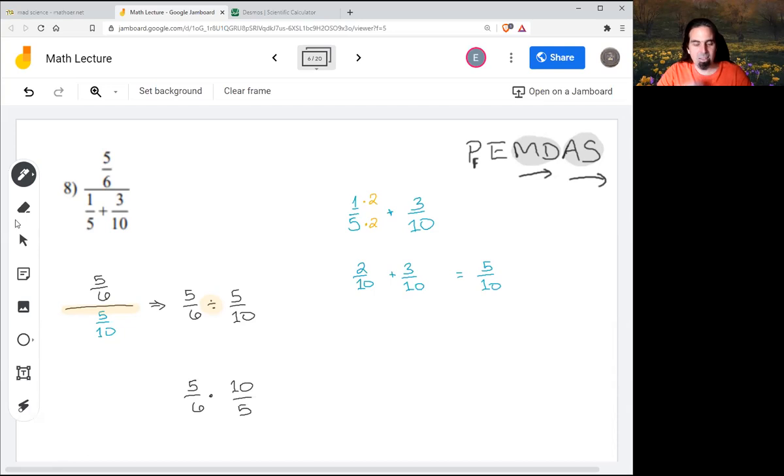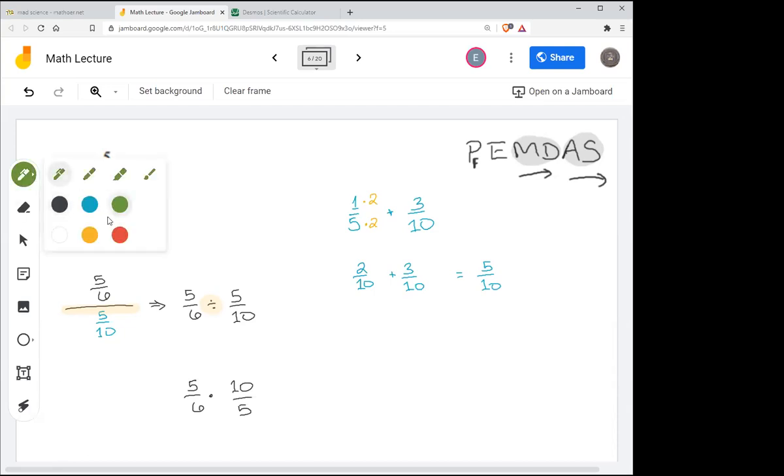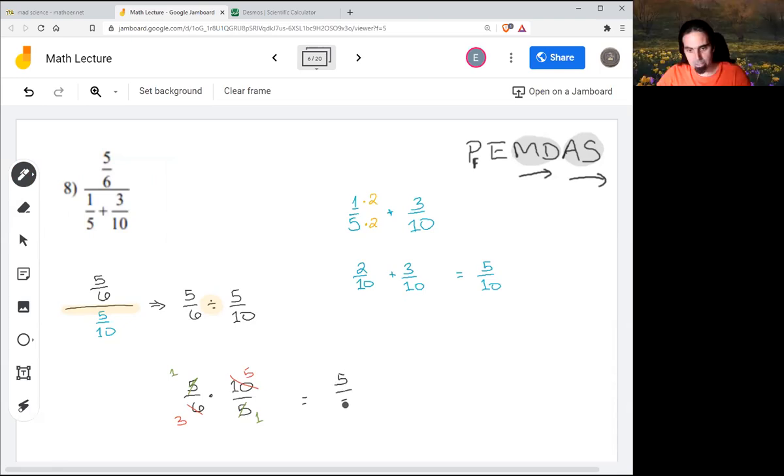And then I canceled the 5s, put 1 for both, and then also canceled the 6 and 10 because 2 goes into both of them. And then multiply it across. Perfect.